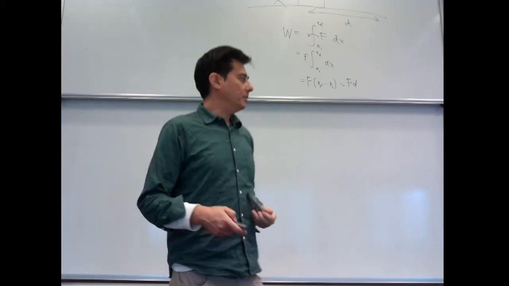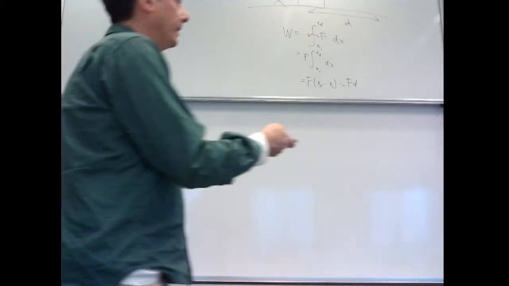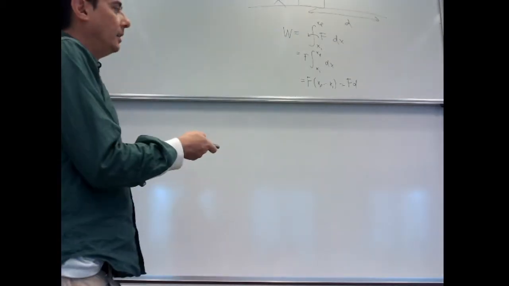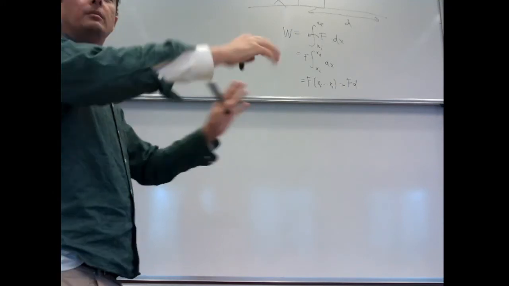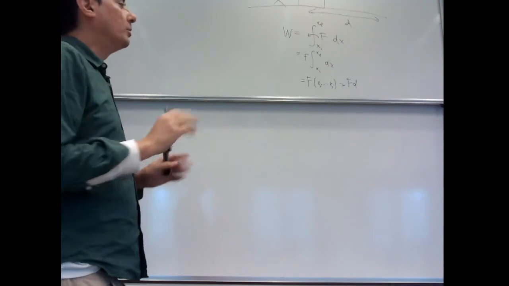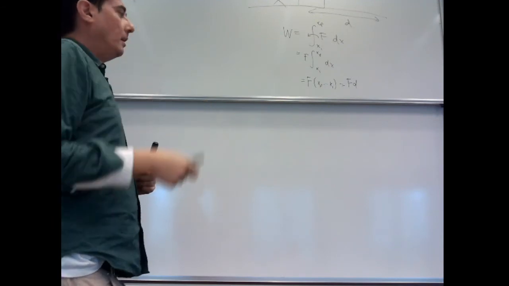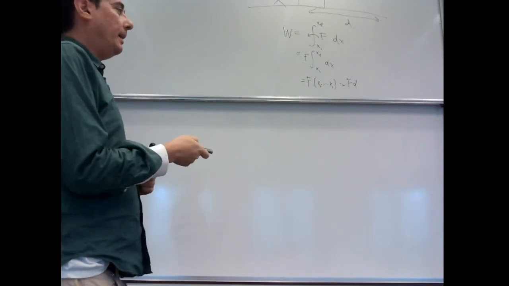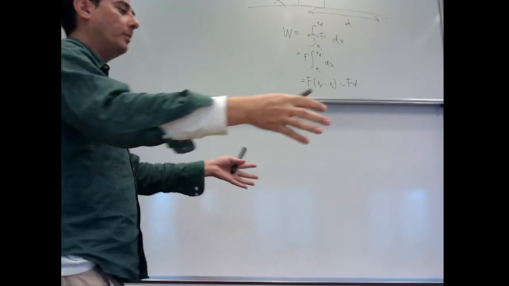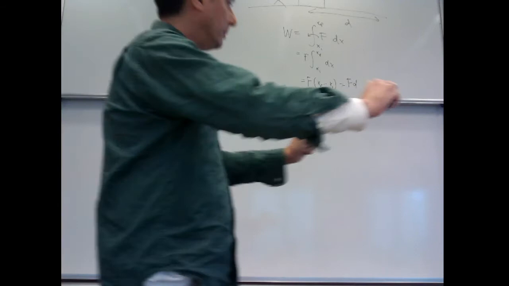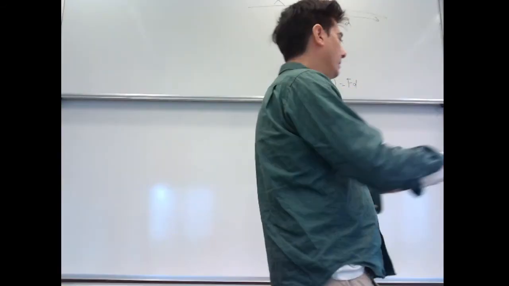So now let's consider a situation like this. We've got Steady Bob and Crazy Bob pushing the crate towards each other, okay? They start with the box stationary, and then they're both pushing. It's like a push of war.